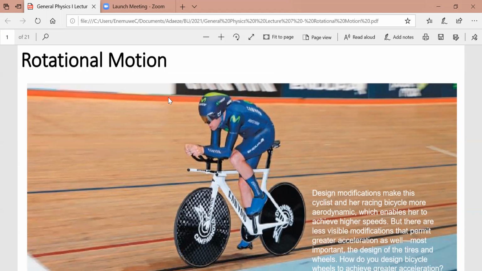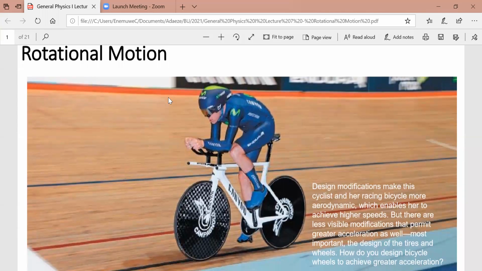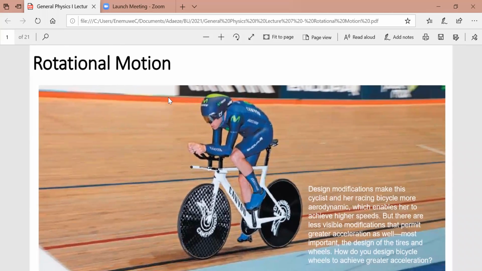So today we are looking at rotational motion. In the last class we looked at circular motion and applied it to solving some problems.